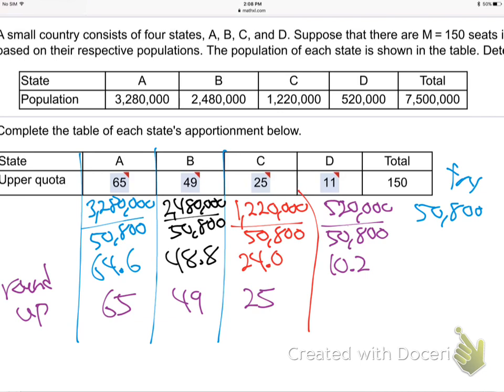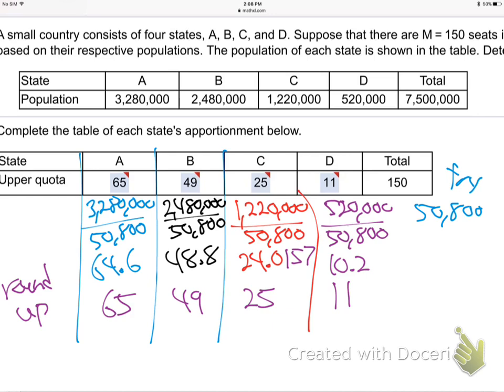Did I confuse you there? Let me clarify that one. That one was 24.0157, so it does round up to 25. Not down to 24. If you put 24, you'd have technically rounded it down. There was some decimal after that. This one goes up to 11.